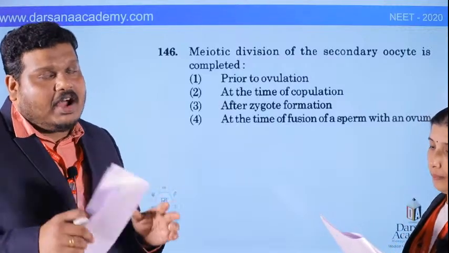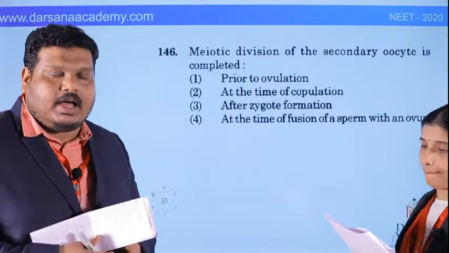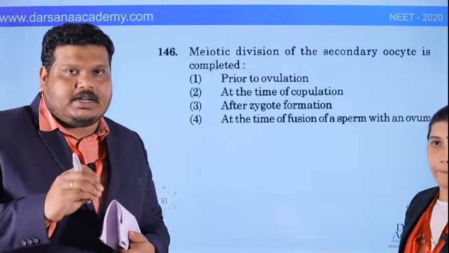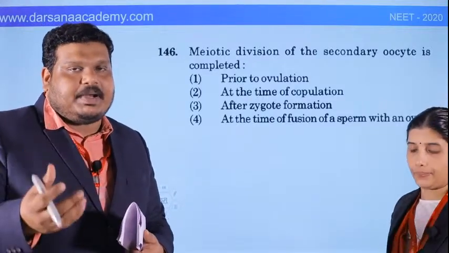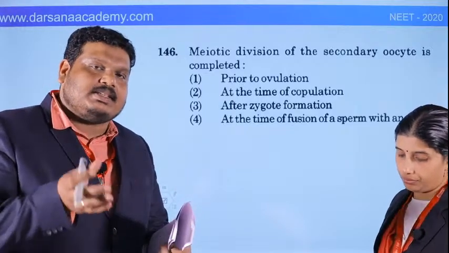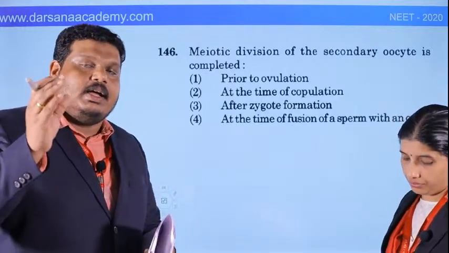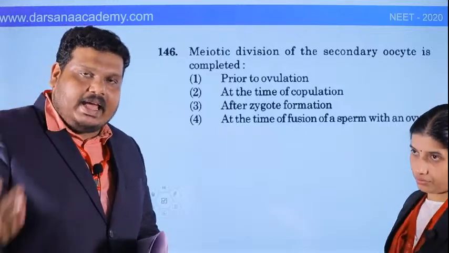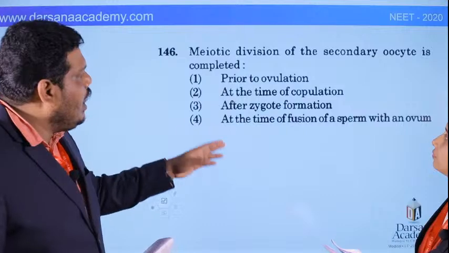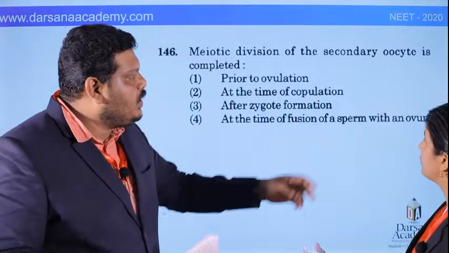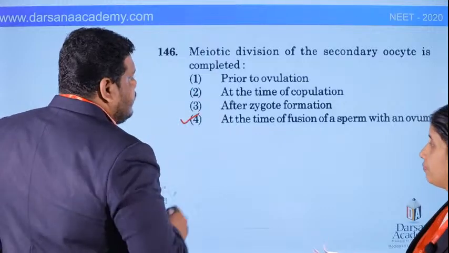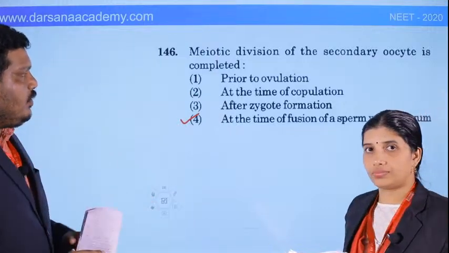Just before fertilization, on interaction with the sperm, the ovum separates into the second polar body and the ovum. So the meiotic division of the secondary oocyte is completed at the time of the fusion of sperm with the ovum. So option number 4 is the answer for question number 146.